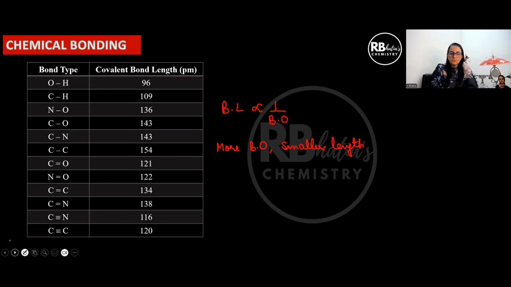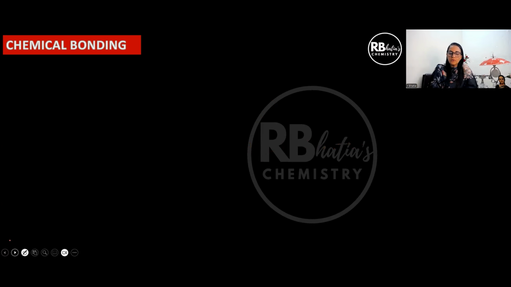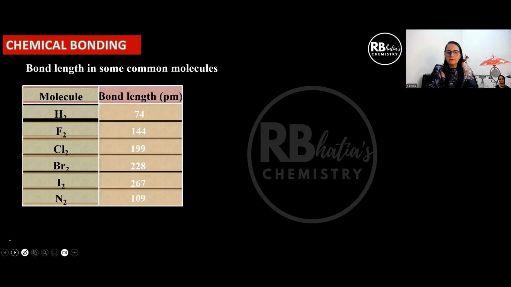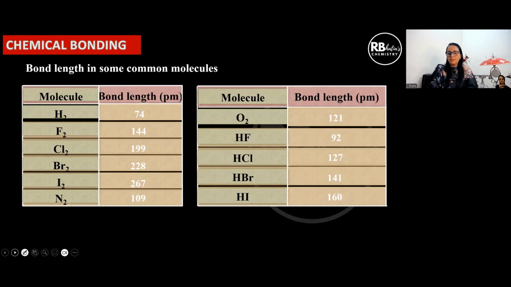Okay, so these are some bonds given to you for comparison. You don't have to learn them, but you should be able to predict the orders. Similarly, we have some examples here. Supposing I ask you to compare these three bond lengths, you know H is common to all three, and F is the smallest sized atom. Chlorine, bromine, iodine are the halogen family.